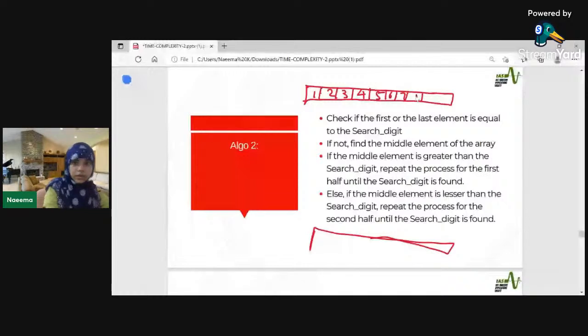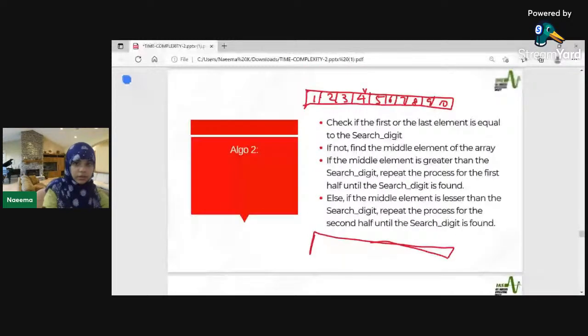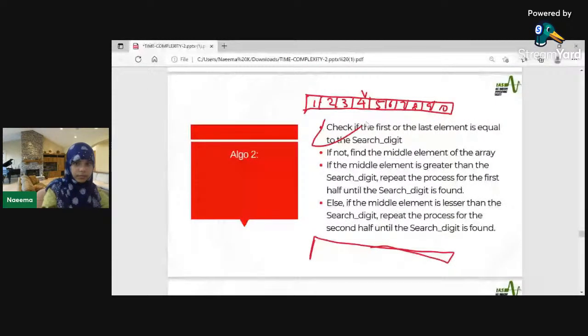Let's say the search digit is 4. According to the first step, the algorithm is going to first check if the search digit is equal to the first and the last element. In our case, it's not, because the search digit is 4. Now, the next step is to find the middle element.